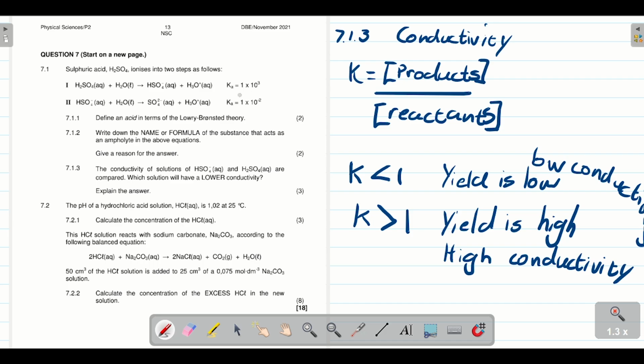So we look at our K values once again. We see that this is a very low value. It's less than 1. And this is a very high value. That's greater than 1. Therefore, the low value one will produce a low conductivity, and therefore reaction 2 produces a low conductivity.